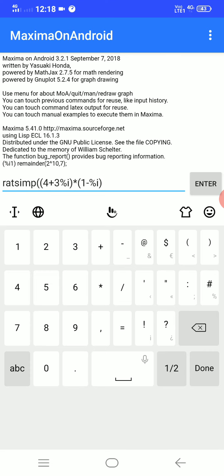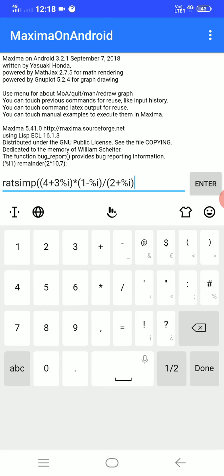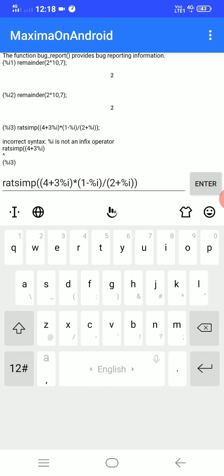in bracket 4 plus 3i complete, 1 minus percentage i bracket complete, divided by 2 plus i in bracket, 2 plus percentage i bracket complete, and whole bracket complete, then enter. The command must be terminated by a semicolon.